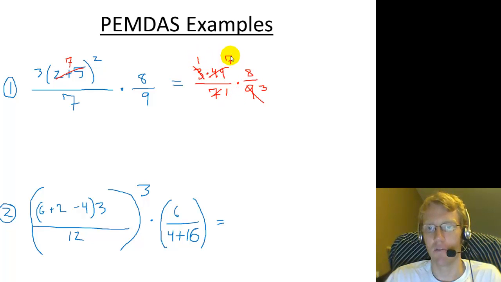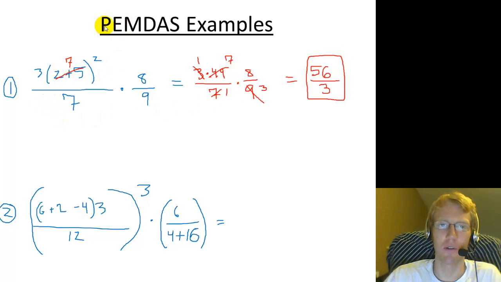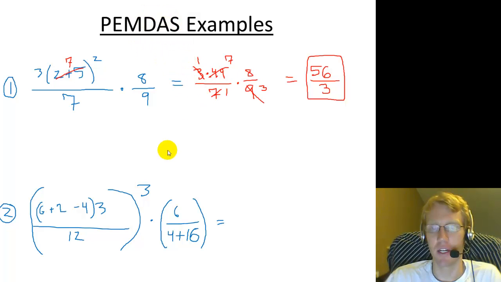So in the top I have a 1, a 7, and an 8, which is going to give me 56. And in the denominator I have a 1 and a 3, which multiplies to give me 3. So my final answer is 56 divided by 3. Okay, so we're following PEMDAS: parentheses, then exponents, then multiplying and dividing, and if I had any, I would do adding and subtracting very last.